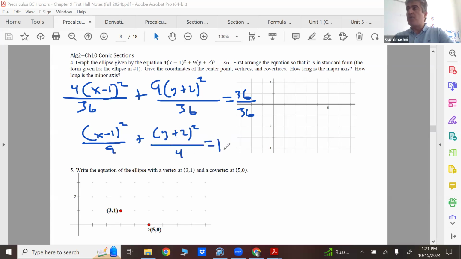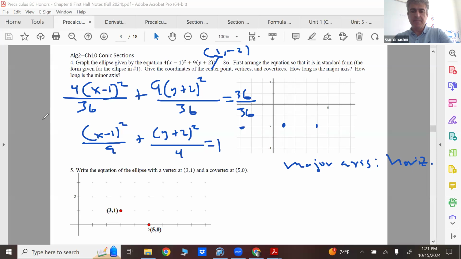Now in this case, which was major? X, right? So the major axis will be horizontal. So where's my center? 1, -2, very good. I have to go 3 left, 3 right.